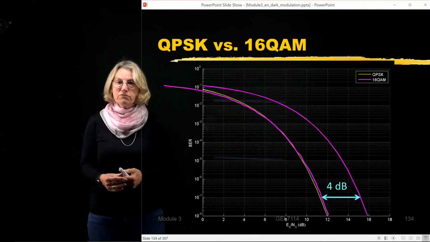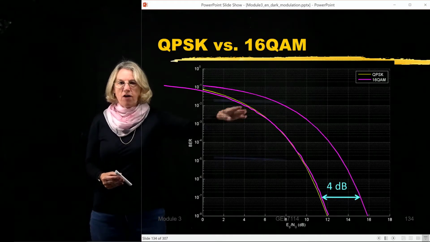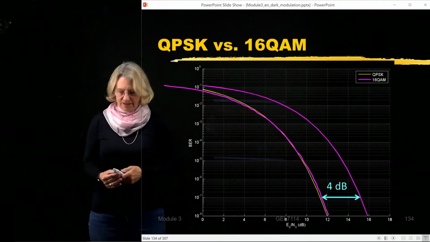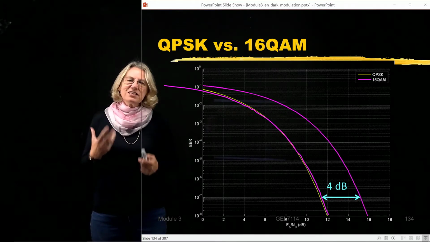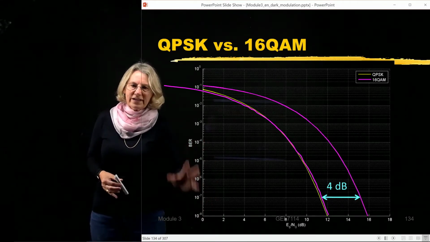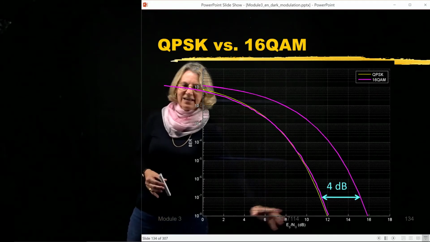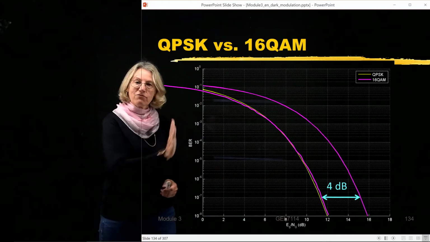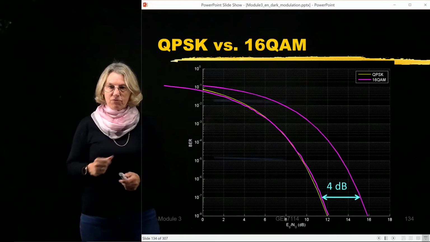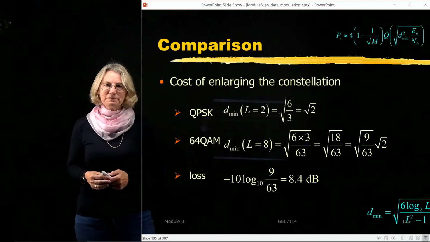Yeah, if I move it, it looks pretty much the same. Might be off a little bit up here, but still it gives us a good approximation. So intuitively, if we know what it takes in our system to get into this region for QPSK, we know it'll just take 4 dB more to get the same performance from 16 QAM.